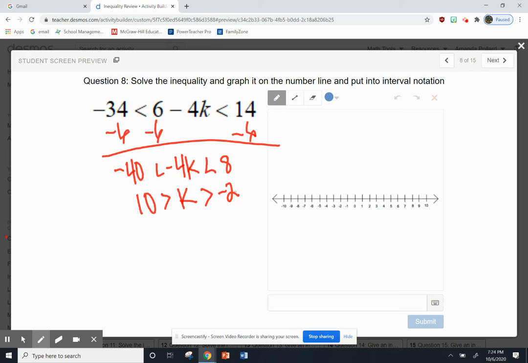So now we have k is less than 10. So if it's less than 10, we're going to go in this direction. If it's greater than -2, we're going to go here. So then our interval notation is going to be -2, 10, because we're going from -2 to 10.